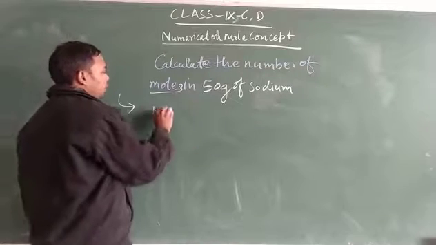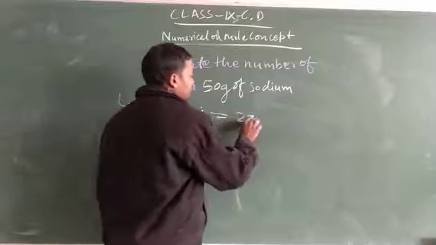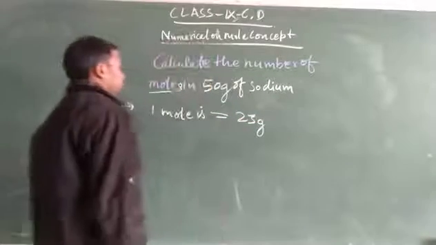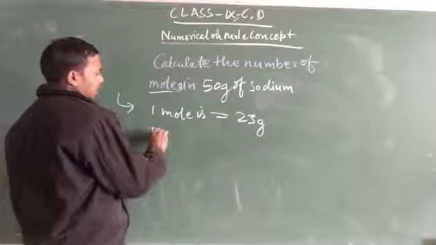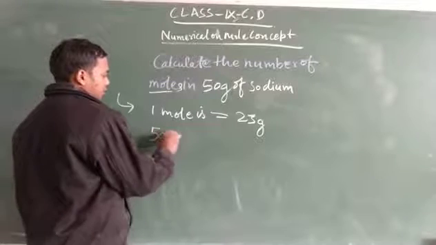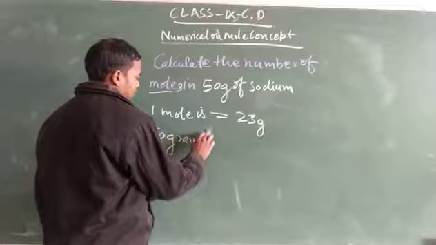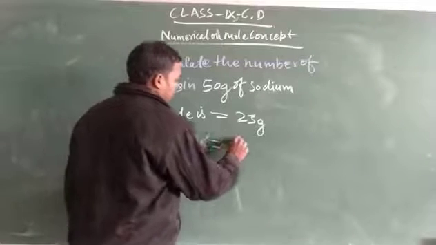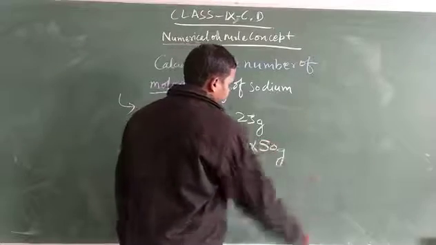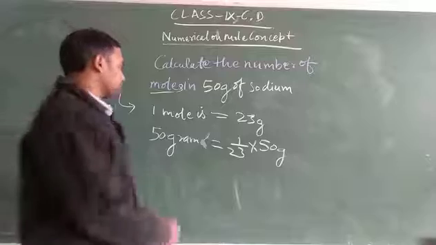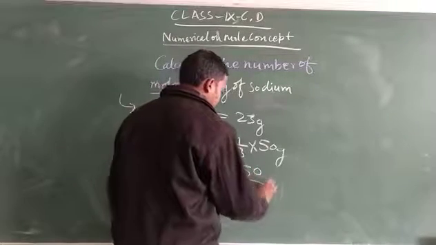We know that 1 mole is equal to 23 gram of sodium. Then 50 gram is equal to 1/23 into 50 gram. Then what we found, 23.